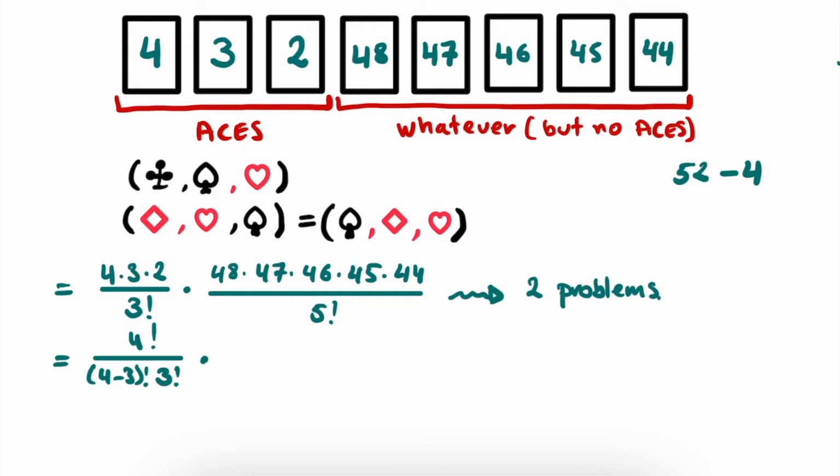Then we multiply this with the second problem, where we have 48 possible choices, so 48 factorial in the numerator, and we divide this by 48 minus 5 factorial, since we have 5 cards that we need to choose, multiplied by 5 factorial, because order doesn't matter, and 5 factorial is the number of ways in which we can shuffle 5 cards around.